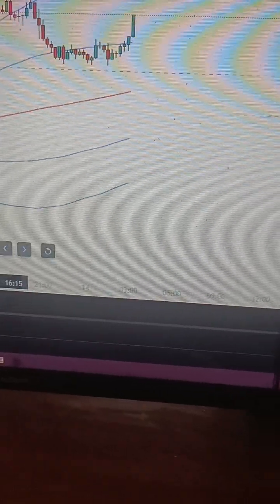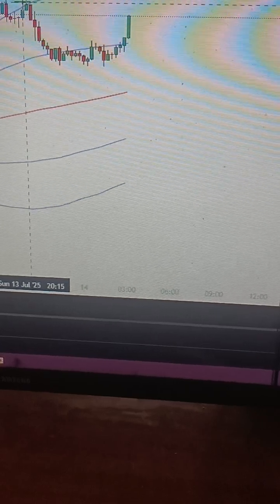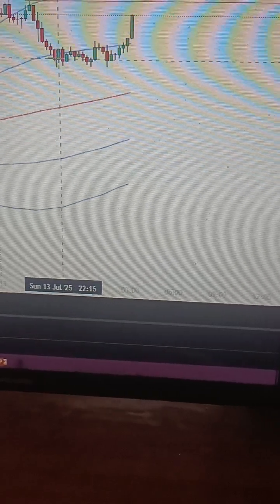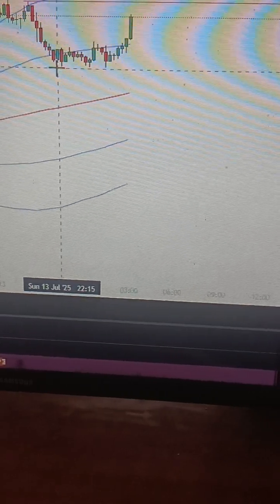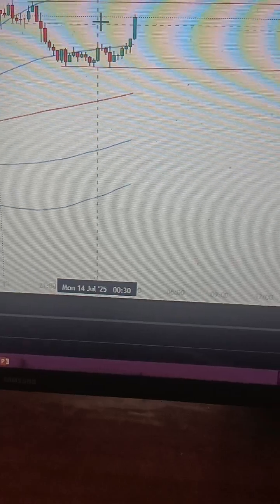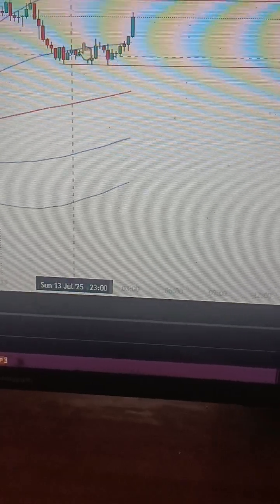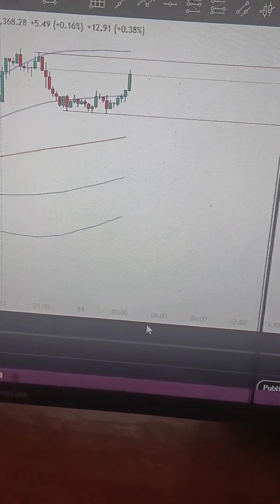So at this point, this is the resistance that we have. That is the level we are headed to, and this is the support that we had here. And we are just coming from a support level. So that is how I want to use this.